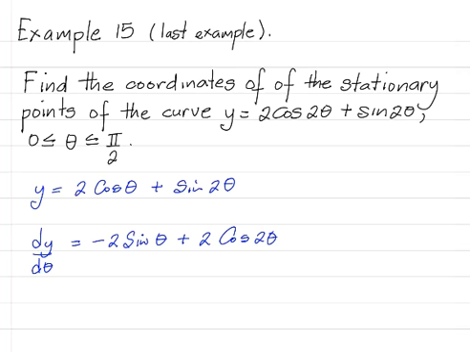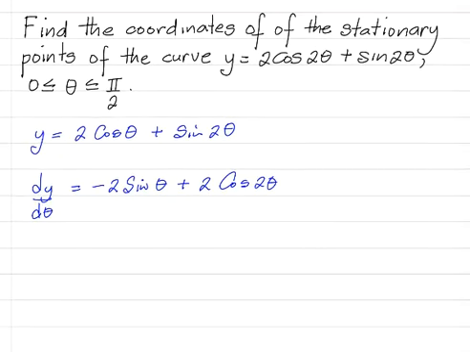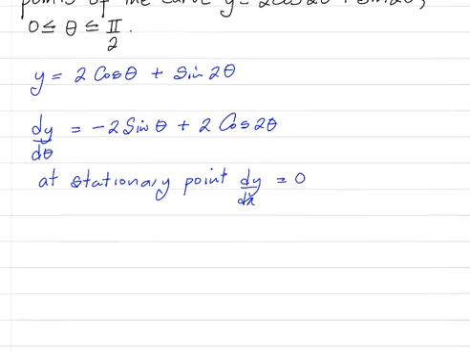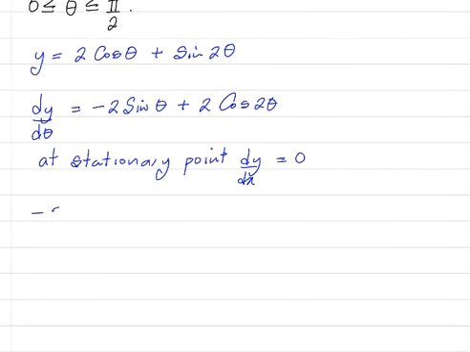Alright, now at maximum and minimum, at a stationary point, dy by d theta is equal to 0. So what we're going to have is minus 2 sine theta plus 2 cos 2 theta is equal to 0.